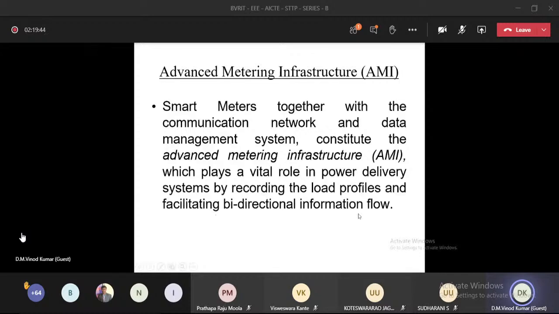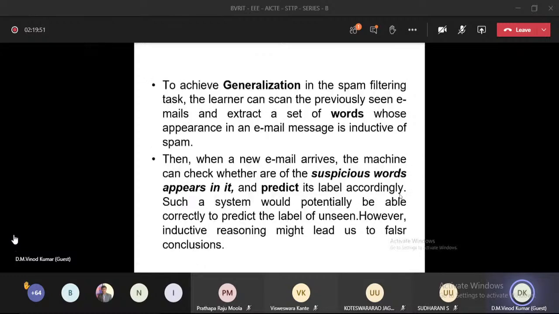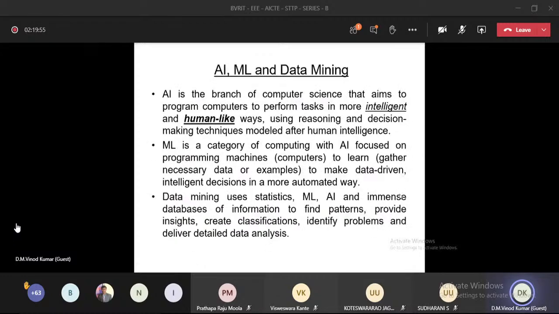And AI, ML, and data mining, and there are also related terms, such as data science. You may know some institutions are starting BTech data science also, BTech AI and ML, BTech IoT, and different ones.